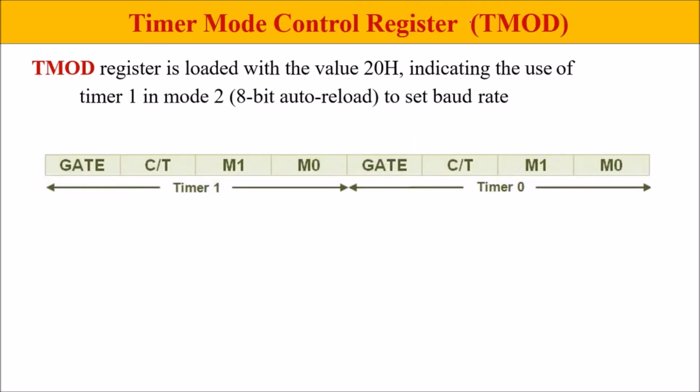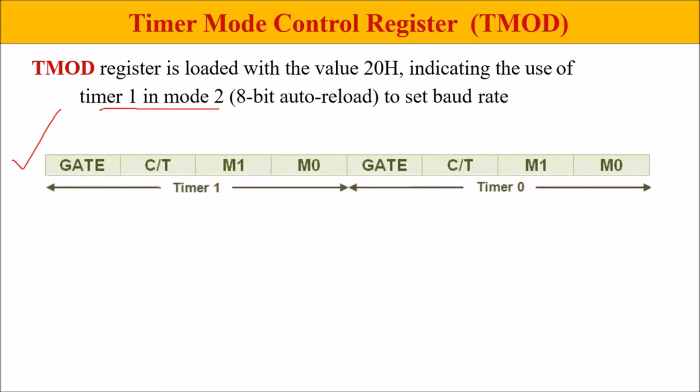The next register we have to initialize is the TMOD register, because we are going to use timer 1. This is the timer mode control register. Timer 1 we are using in mode 2. This is the format of the TMOD register. The Gate bit is 0 if you want to start or stop the timer using a software instruction, and we are going to do that, so this bit will be 0.